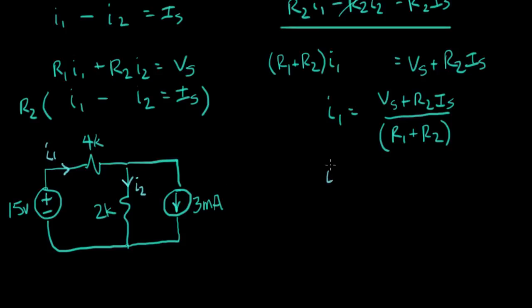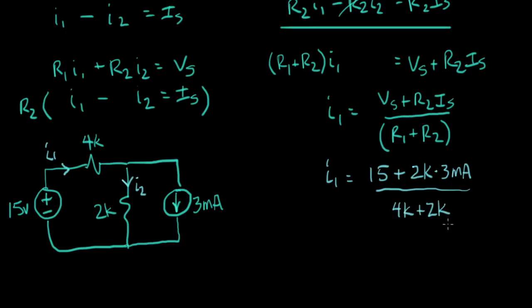So I1 equals Vs 15 plus R2 is 2K times Is, 3 milliamps, divided by 4K plus 2K. So let's solve this.